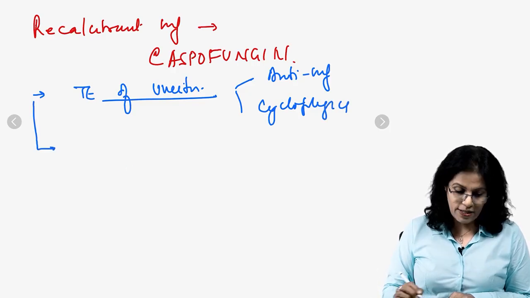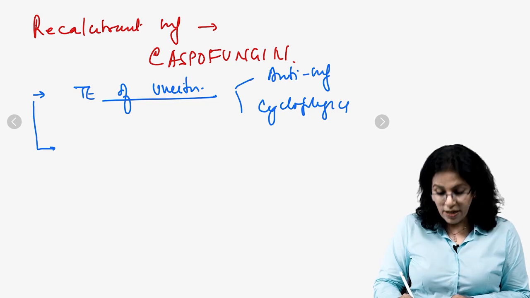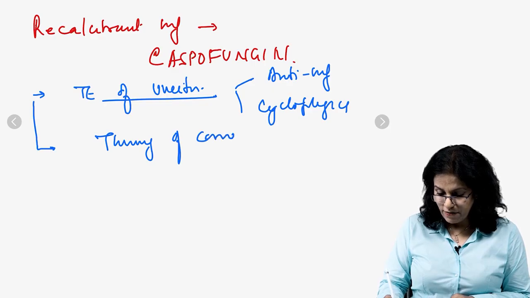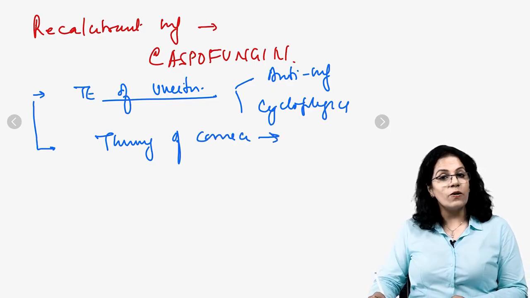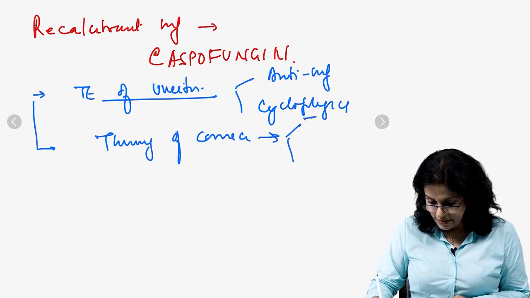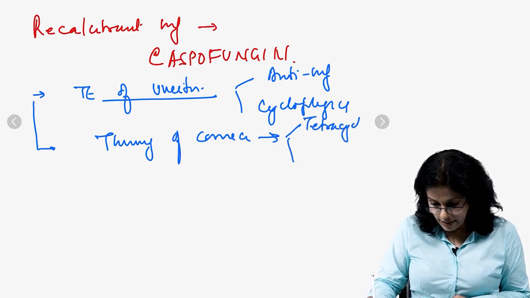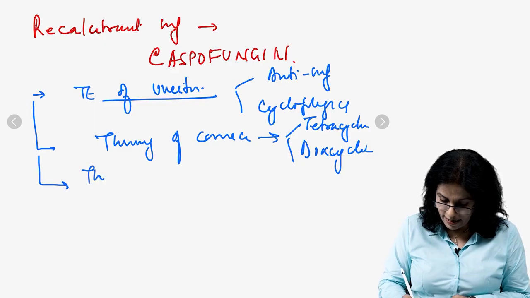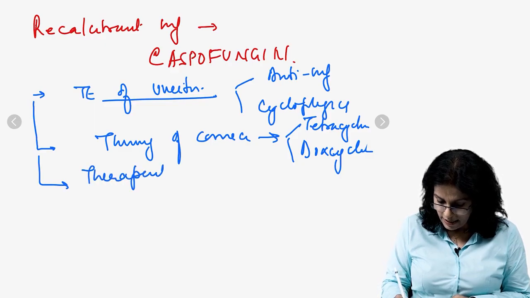Then we also have to think about whether there is any thinning. If there is thinning of the cornea, as we have talked about, you are going to use a drug which has an anti-collagenase effect, that is either tetracycline or doxycycline, right? And if there is a perforation, we may need a therapeutic keratoplasty.